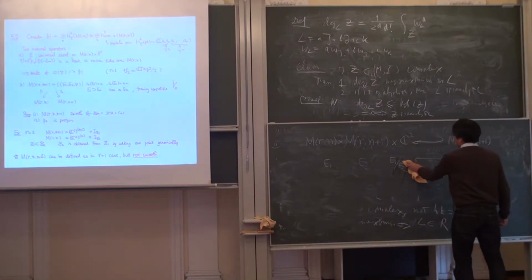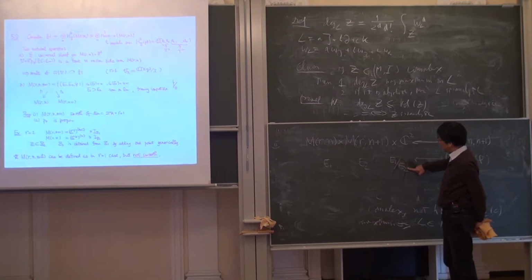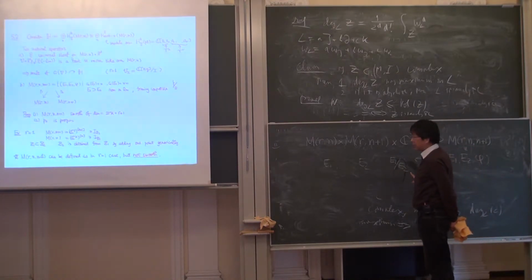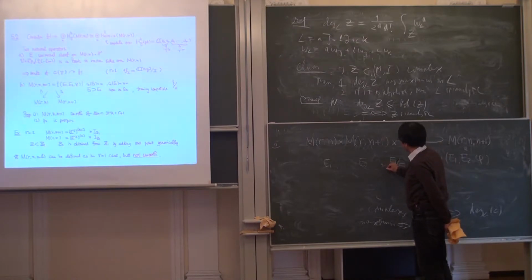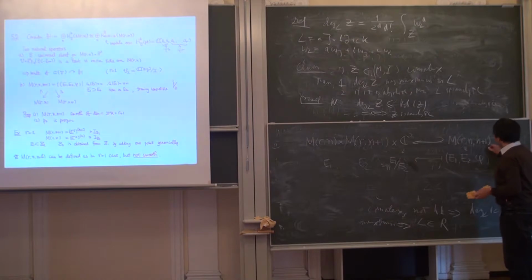Since the Chern class differs only by 1, this is concentrated at a single point. If you consider its support, it is a single point. So this is a subvariety in the triple product, and it is Lagrangian in the triple product.